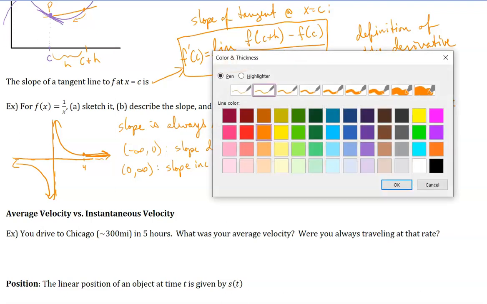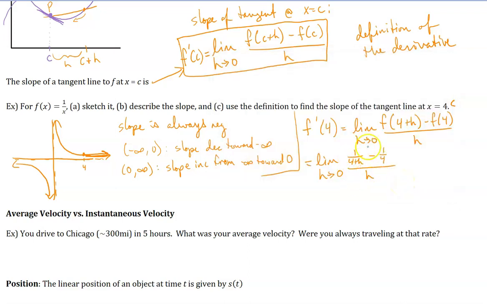All right, and so now all that practice we got in the last unit comes in handy. To simplify this, to get rid of the inside fractions, I'm going to multiply on the top and bottom by the least common denominator, which is going to be 4 plus h times 4.